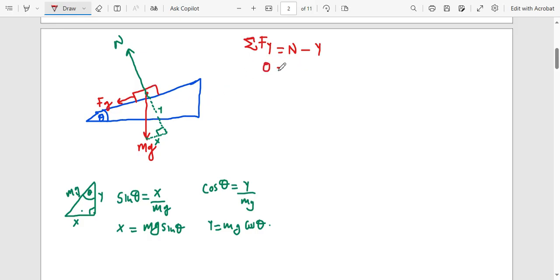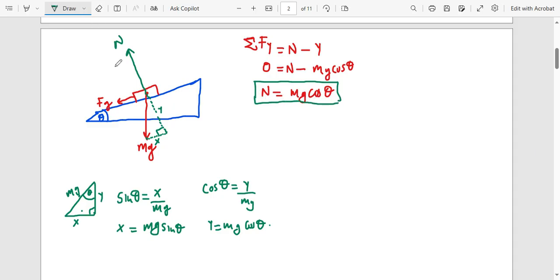So 0 is equal to n minus y, but remember y is mg cos theta. So n is going to be equal to mg cos theta. On an incline like this, the normal force is given by mg cos theta. That's the equation we need to know for an object like this.